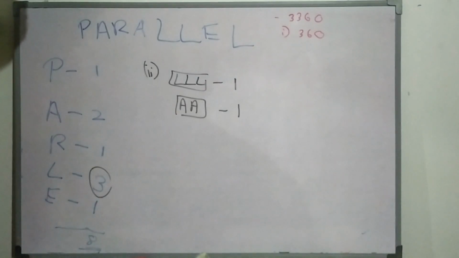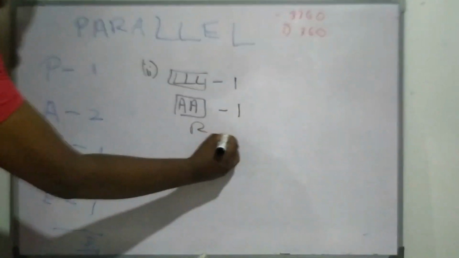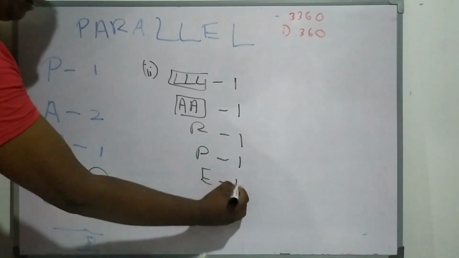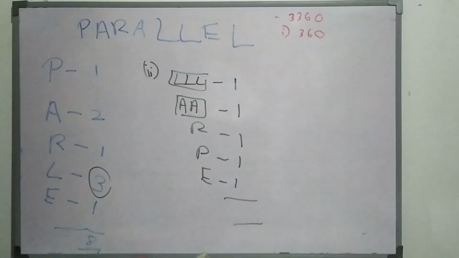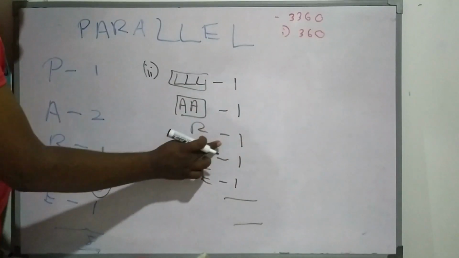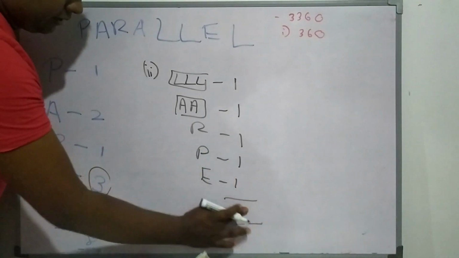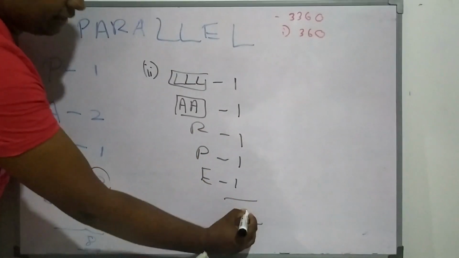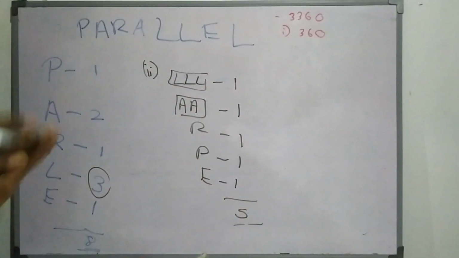Right? Others are the same: P, R, I, E, each 1, all together it's 5. The bundle of L is considered as 1, A as another one kind.